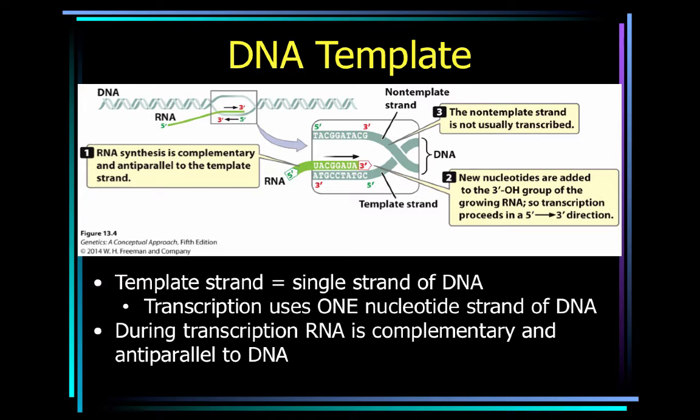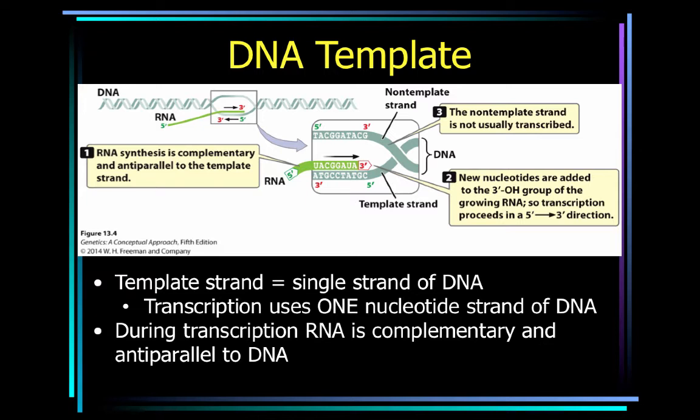RNA synthesis happens in a complementary and anti-parallel form to the template strand. And the new nucleotides are always going to be added to the 3' OH group, just like in DNA replication. So the transcription proceeds in a 5' to 3' direction, very similar to DNA replication.